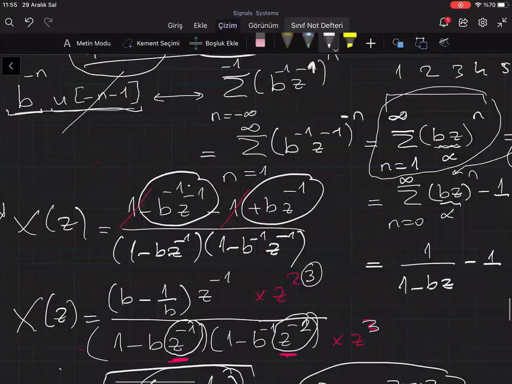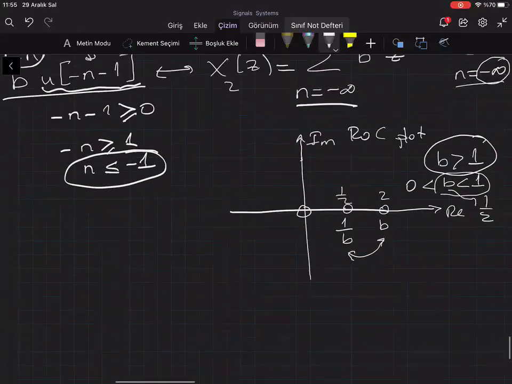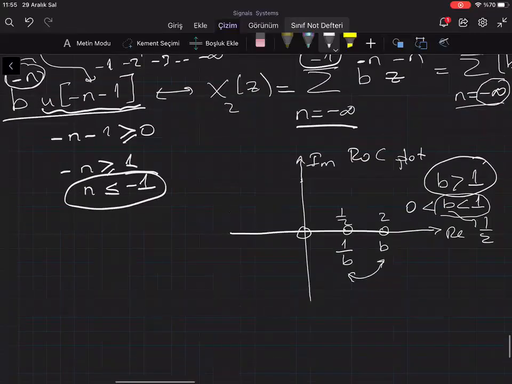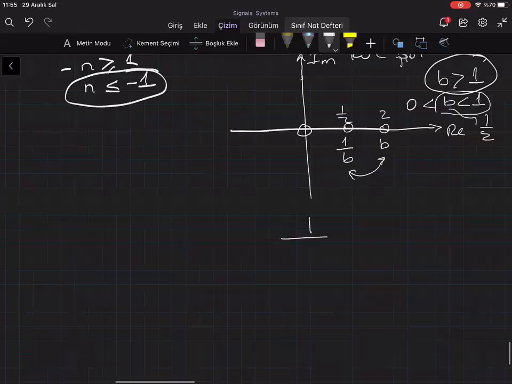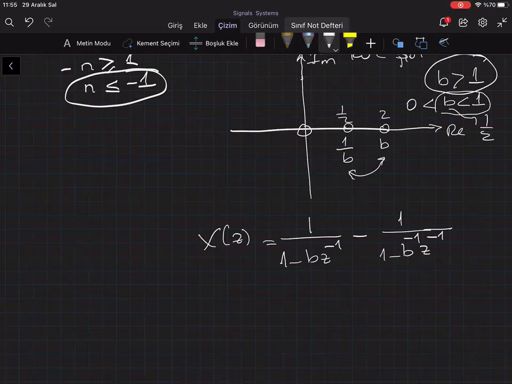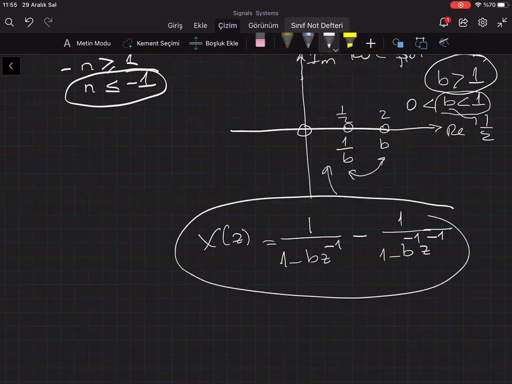One of them is right-sided with B. Okay, if you remember, we found 1 minus B Z to the power and 1 minus B to the power minus 1, like that, right? So now I'm gonna look at this and try to plot this. What should I do for this purpose, friends? This is right-sided. This is left-sided.